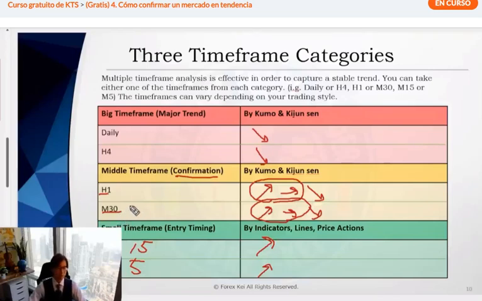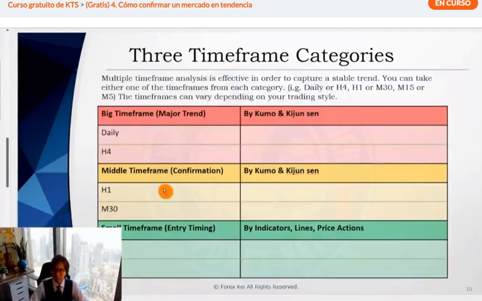So this is about the probability, but if you see H1 or M30 to be downtrending also, then the probability of winning would be much higher. And this is the idea of the confirmation part of my strategy.